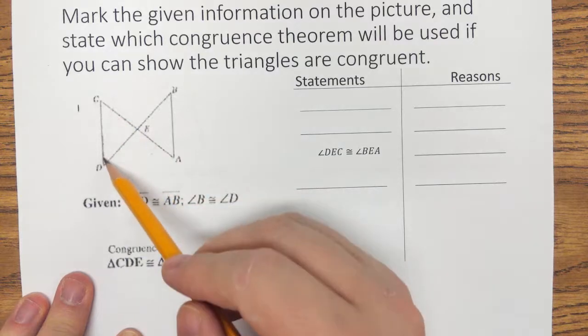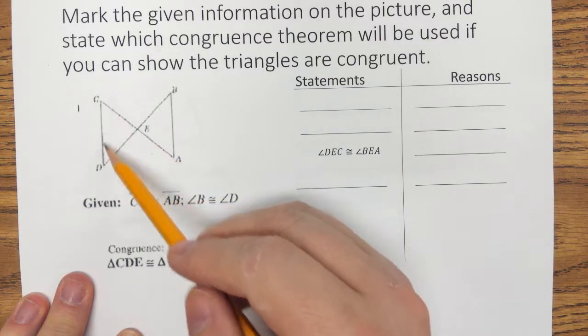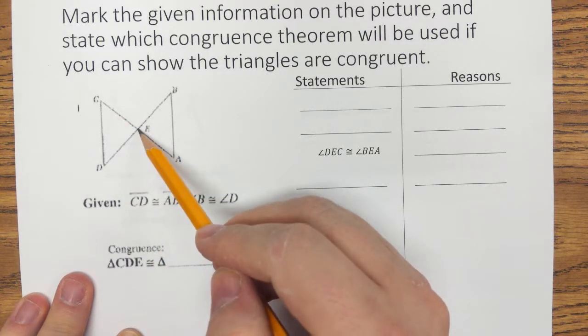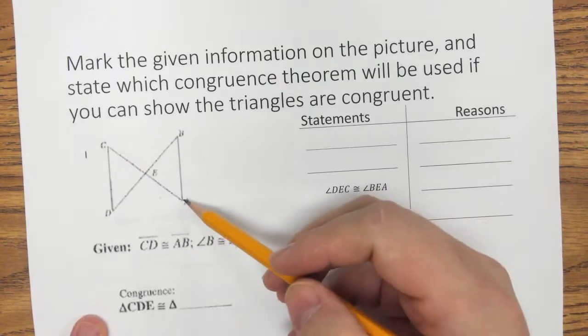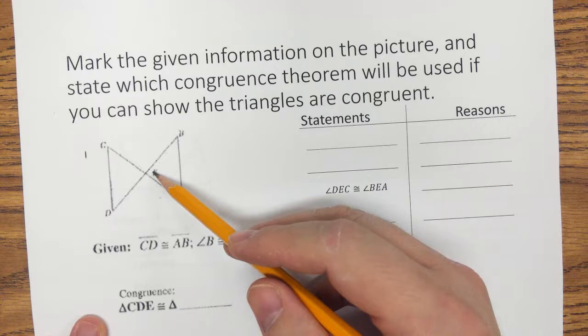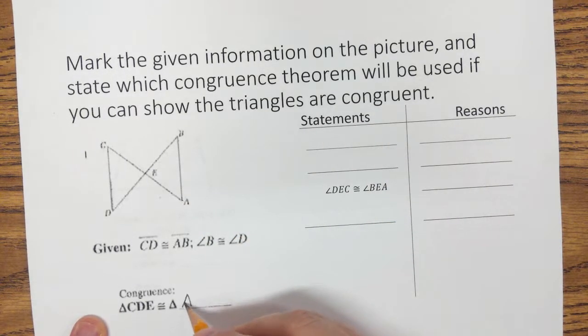Well, here's triangle CDE, and this is going to be ABE. So triangle ABE. Okay, so those are the two triangles that we're going to be proving congruent.